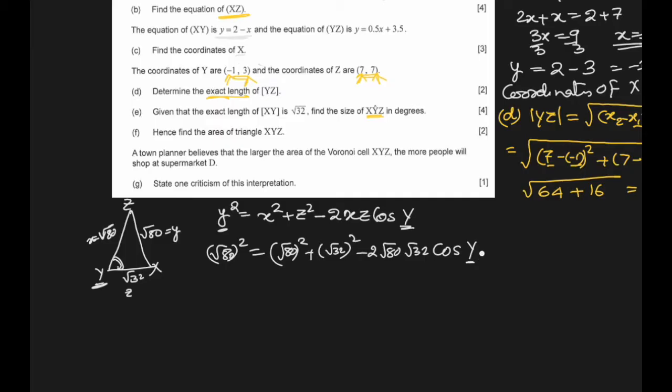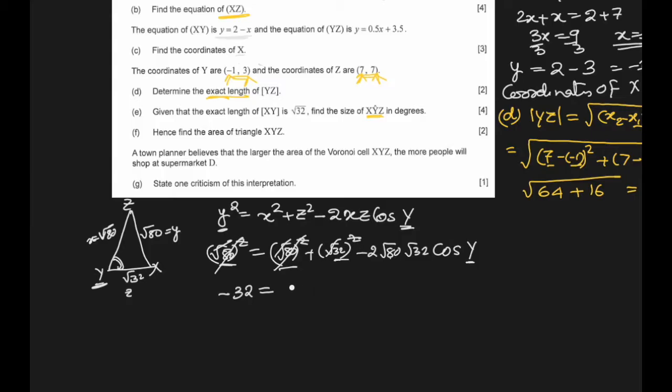So y is the only angle unknown here. We can do that easily. So this square and this cancel out. Since these two numbers are the same, we can cancel these also. Let's bring this 32 to the left side. Complete 32, right? And this becomes how much? 8 times 2 is 16, 256.